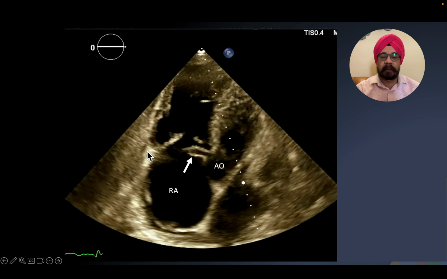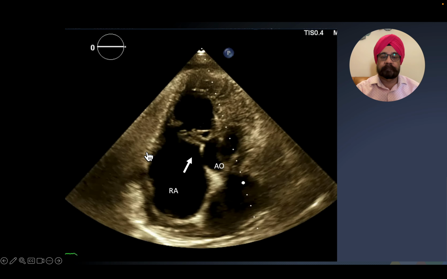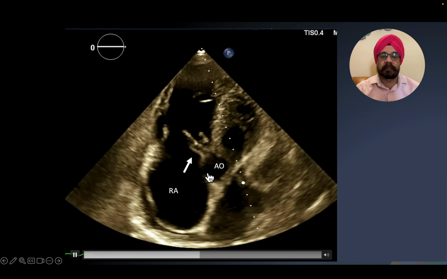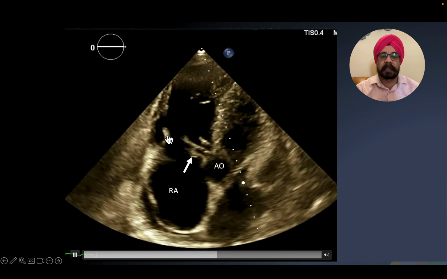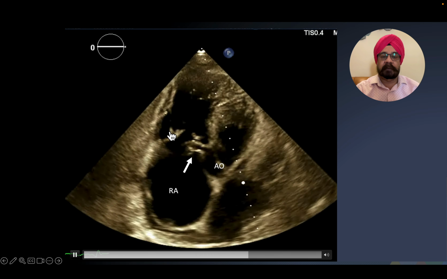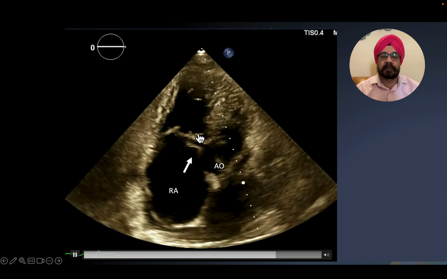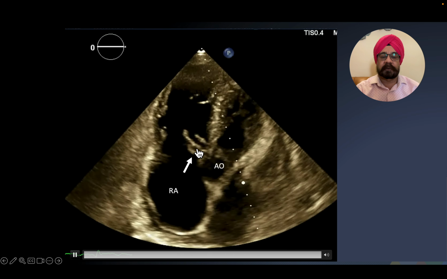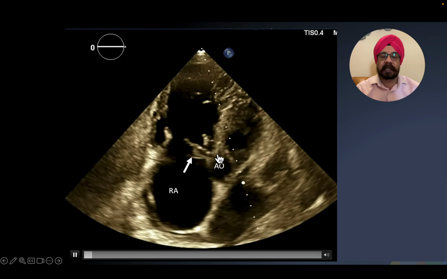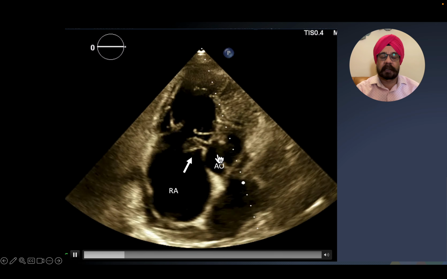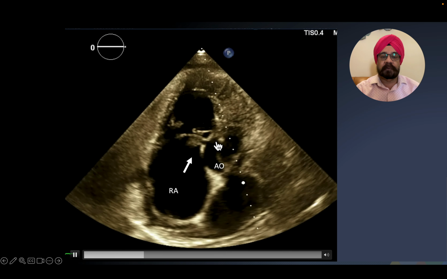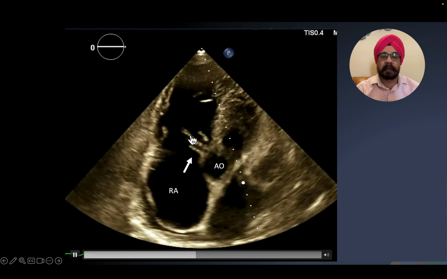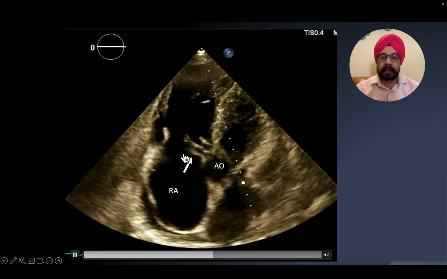But if you angulate the probe a little higher and rotate it, this is what you see, proving our point that this is the anterior leaflet of the tricuspid valve, this is the septal leaflet of the tricuspid valve, and you see a tunnel-like structure coming here, originating from the aorta. This is a tunnel which is originating from the aorta and opening into the right atrium with some shaggy margins in the right atrium.